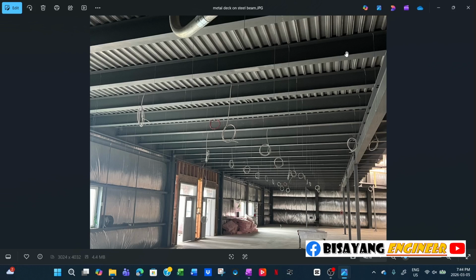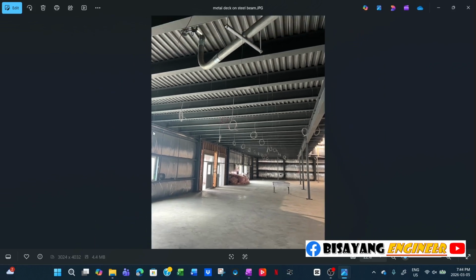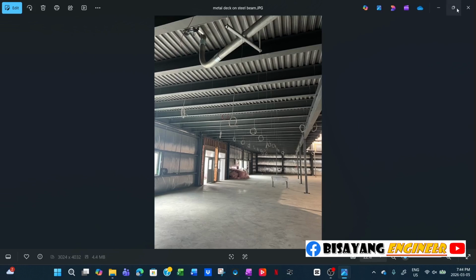So we did the preliminary sizing of this, gave the reactions to the steel manufacturer for the pre-engineered building, and then they analyzed their building considering this mezzanine floor loading.